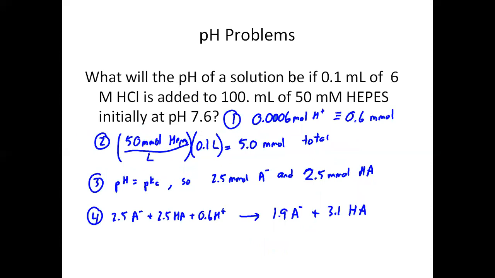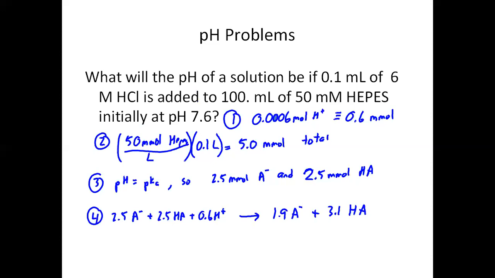The amount of acid is still the same, and for this problem, I will introduce a little trick that makes this go faster, of using 0.6 millimoles as the quantity of acid. Second, by the same token, I am going to calculate that there are 5 millimoles total of buffer. Third, since pH equals pK, there will be 2.5 millimoles of A minus and 2.5 millimoles of HA in this reaction.